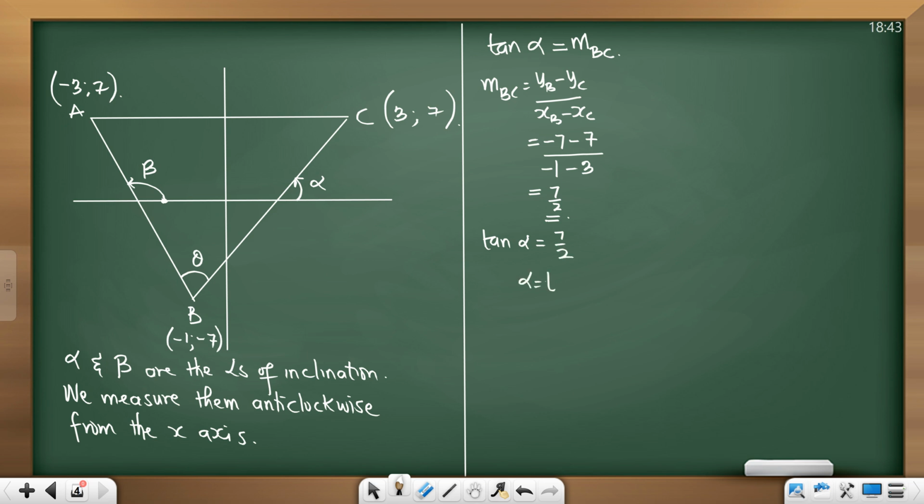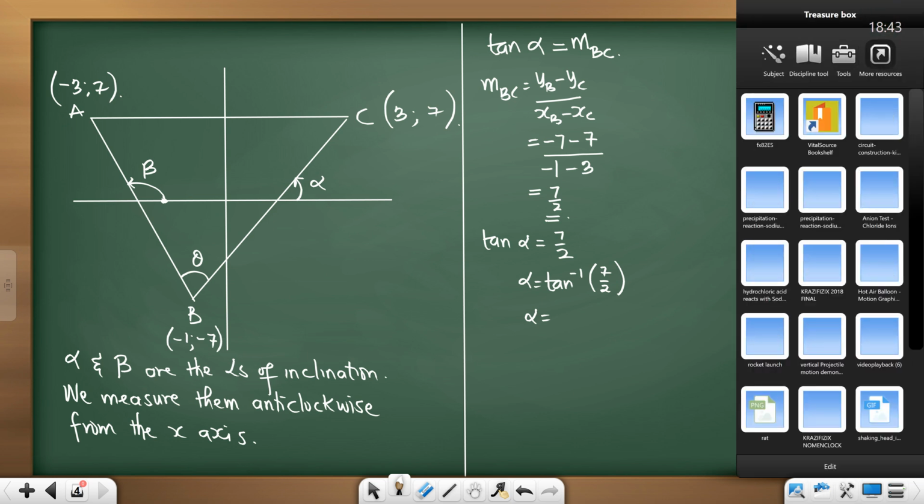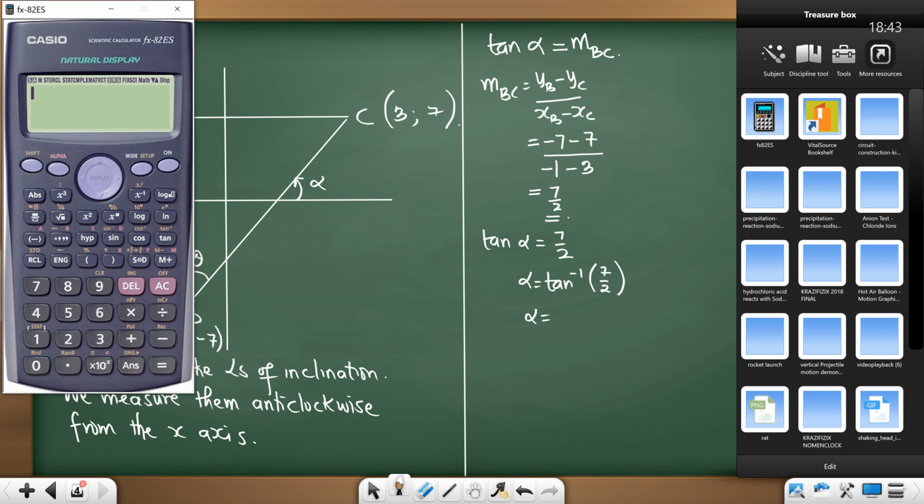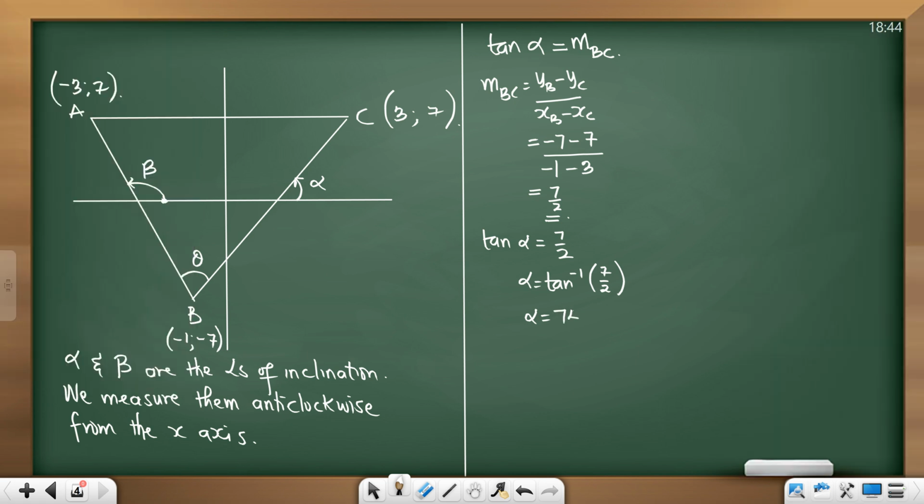What is alpha? Arctan of 7 over 2. On calculators, we get our answer: 74.05 degrees. I told you that if my gradient is positive, my angle should be less than 90. Thank you, you guys are giving me 74. Beautiful.